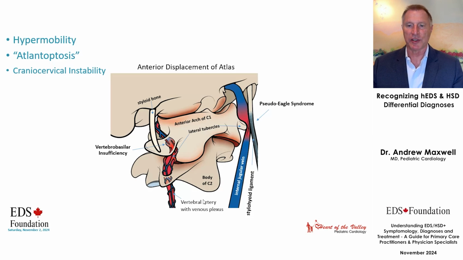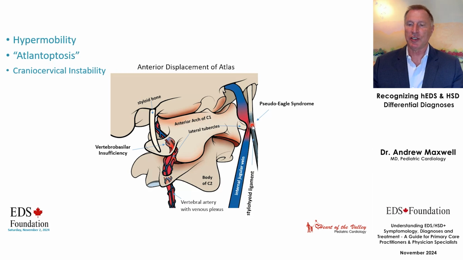We call this craniocervical instability. And with C1 slipping forward, there is compression of soft tissues against the stylohyoid ligament. And sometimes that's painful, creating Eagle syndrome type pain, but it's not true Eagle syndrome because the styloid bone is not necessarily excessively long.